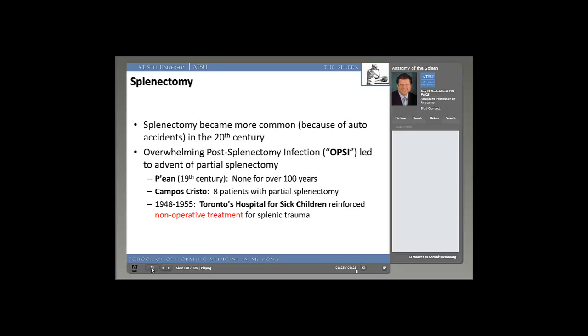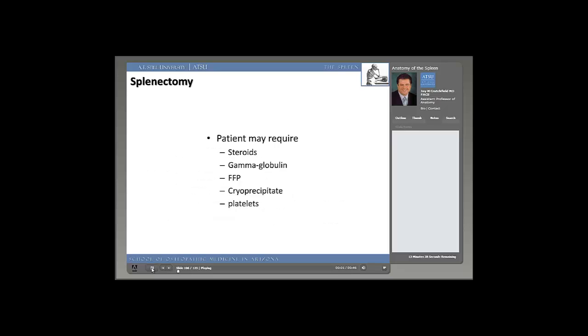Depending on why the patient is actually presenting for a splenectomy, they may require preoperative evaluation and medications or blood products. For example, in a patient who has ITP, idiopathic thrombocytopenic purpura, these patients may require preoperative or intraoperative transfusion of platelets or cryoprecipitate, or even fresh frozen plasma.